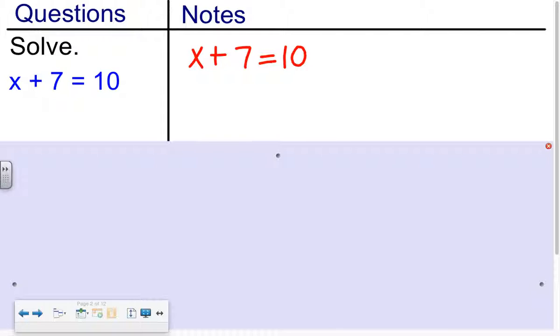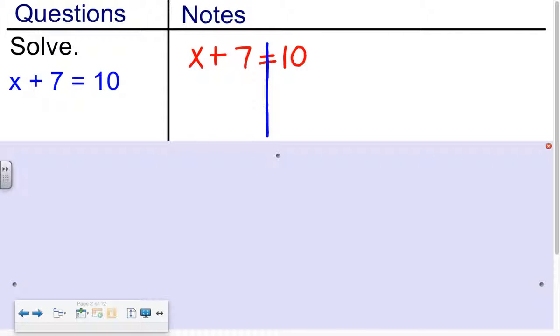The first thing I'm going to do on every single equation is draw a line, or train tracks, through my equal sign in order to help keep my problem organized. This will remind me that whatever I have to do on the left side of that line, I also have to do on the right side and vice versa.